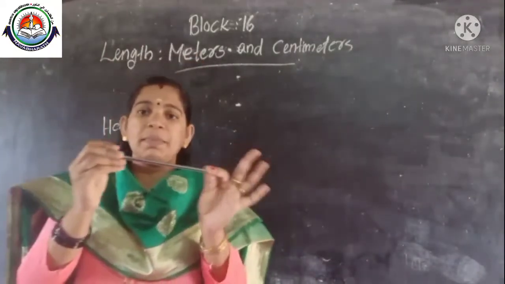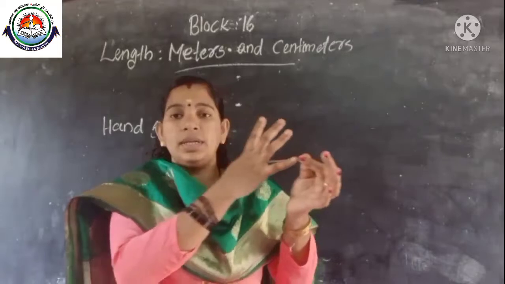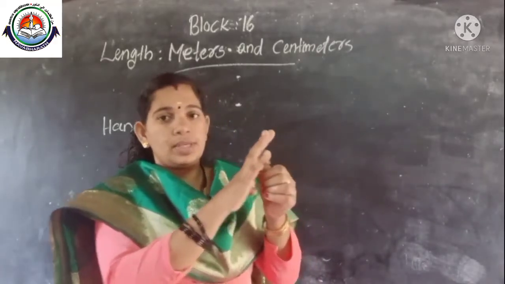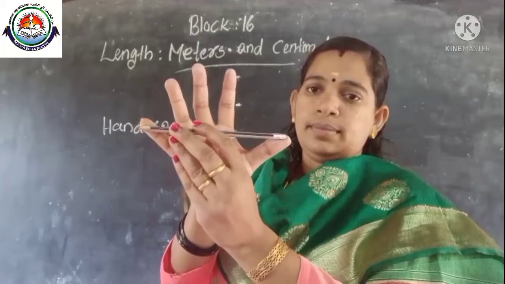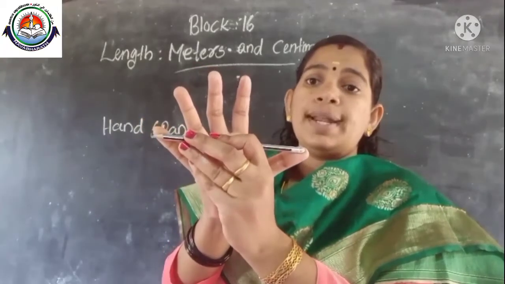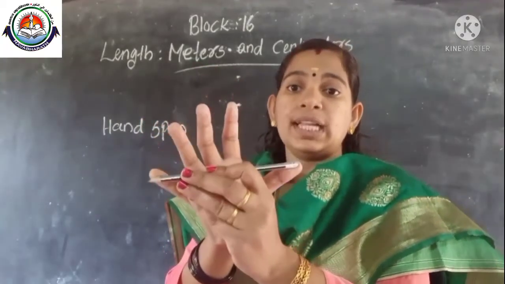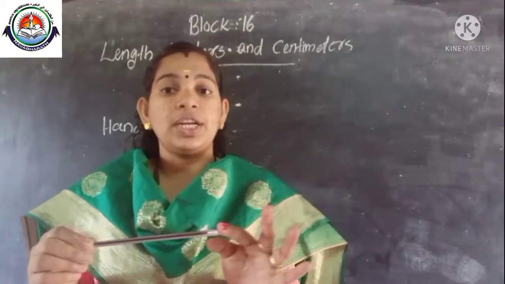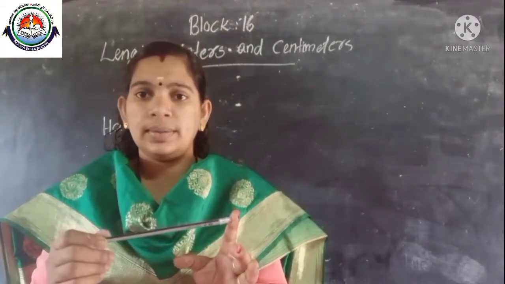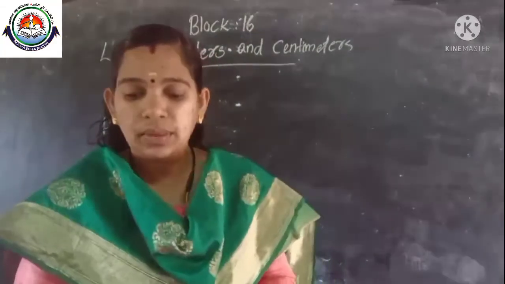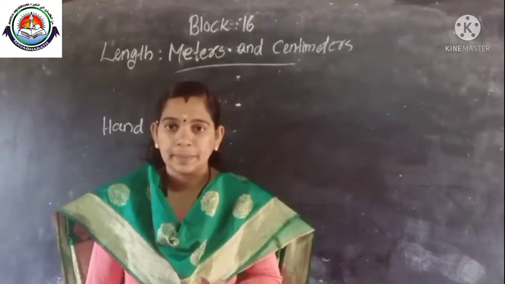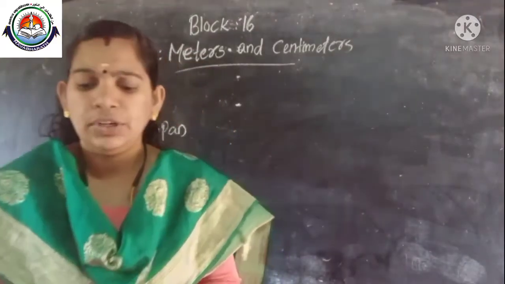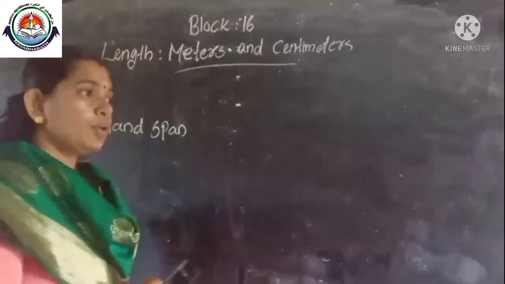So I take my pencil and measure here. Just look, one hand span is there. One hand span. And take a ruler and measure it. You know how to measure. Clear? So, in your textbook some questions are there that we can do now.